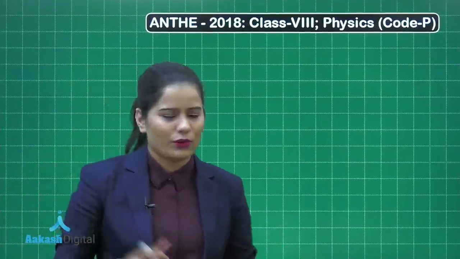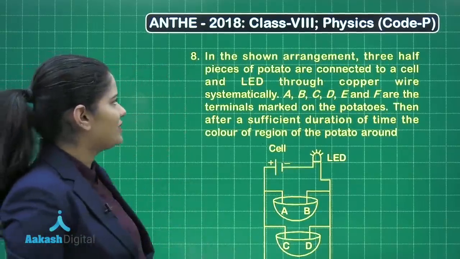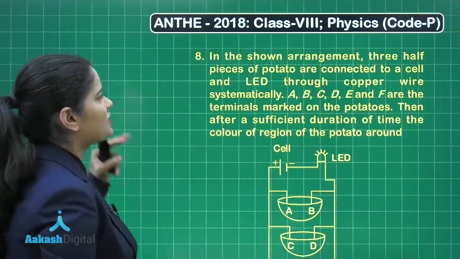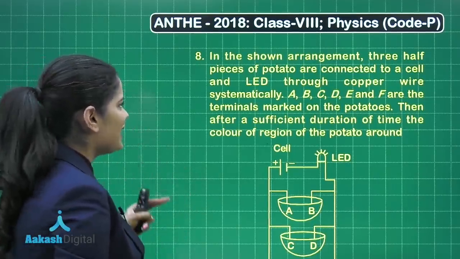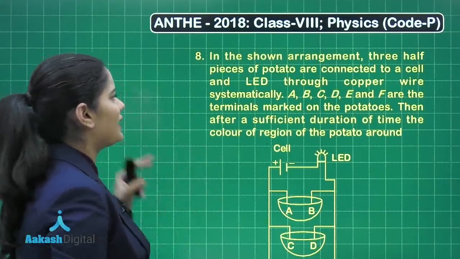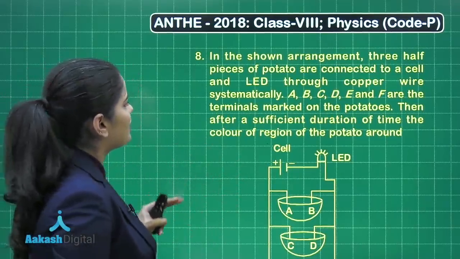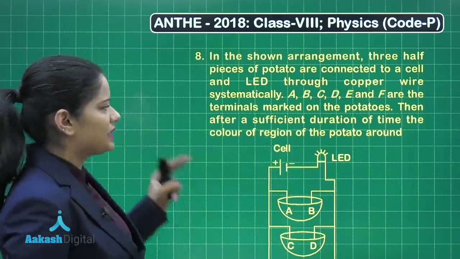Now let's take up the question number 8. So here we have this question which says in the shown arrangement, 3 half pieces of potato are connected to a cell and LED through copper wire systematically. A, B, C, D, E and F are the terminals marked on the potatoes.